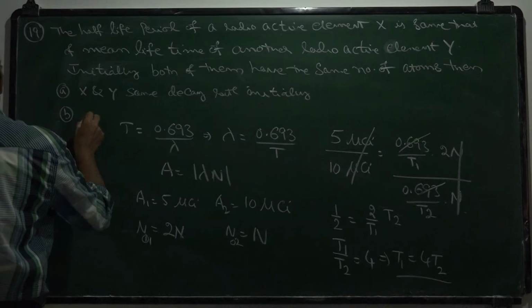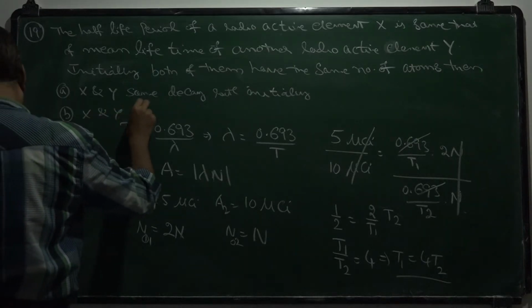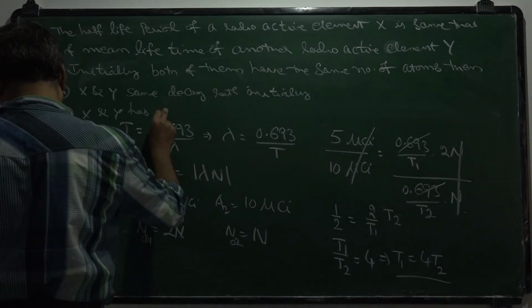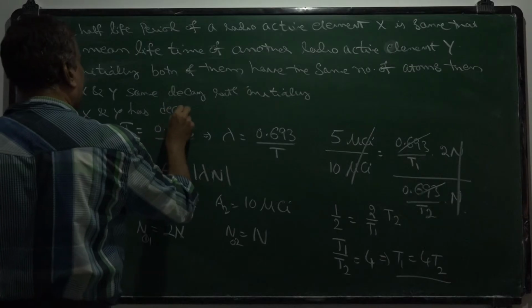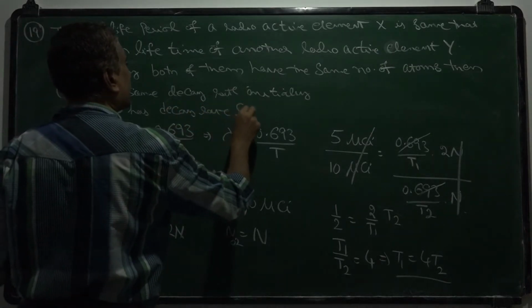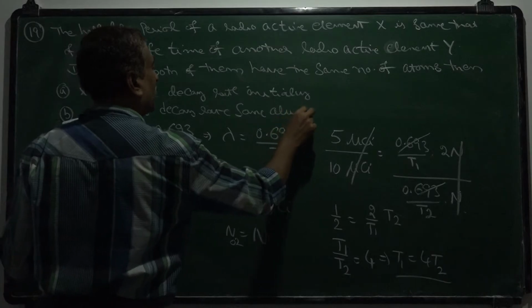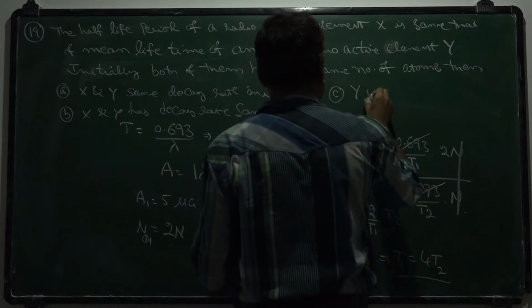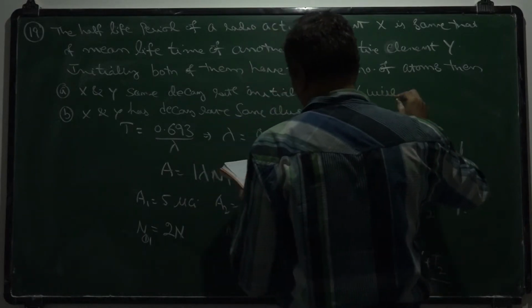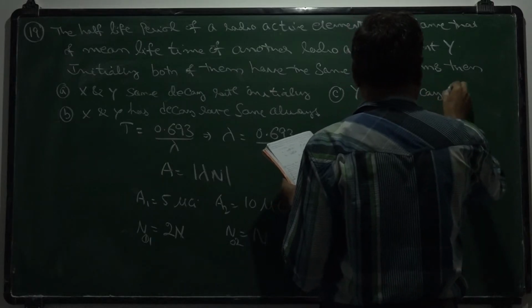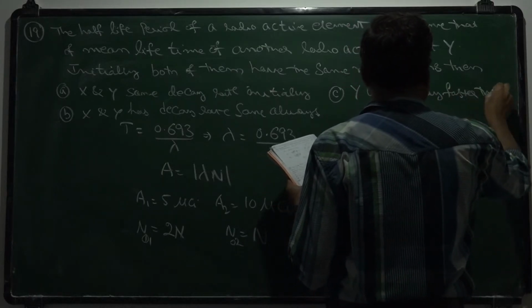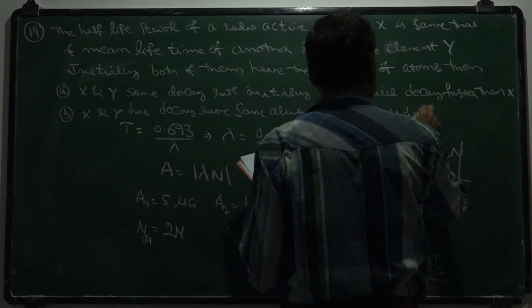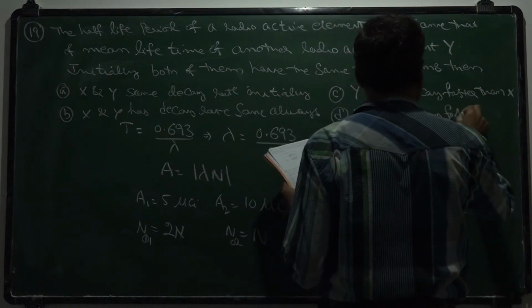B: X and Y have the same decay rate always. C: Y will decay faster than X. D: X will decay faster than Y.